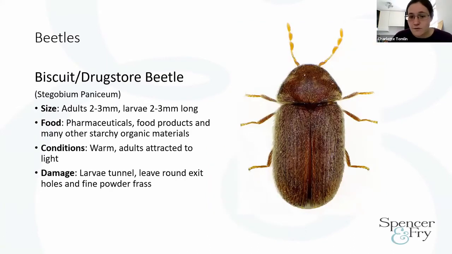And then we've got the biscuit drugstore beetle, so called because its major source of food is biscuits. So it likes food products and starchy organic materials, as well as pharmaceuticals, which also explains its other common name, the drugstore beetle. Again, this is quite a small beetle, 2 to 3 millimeters, and the larvae are a similar size.